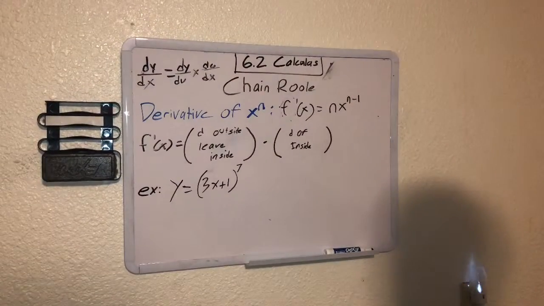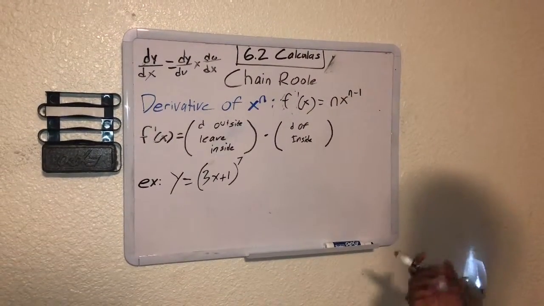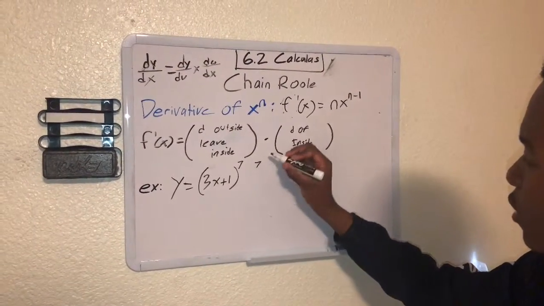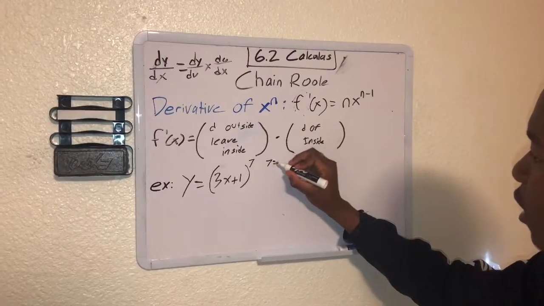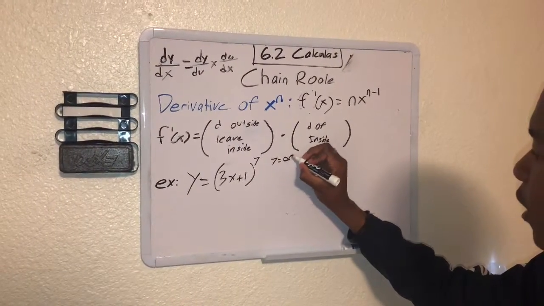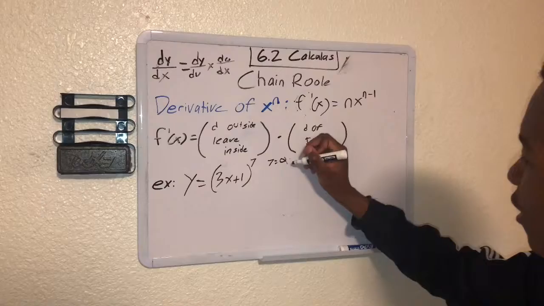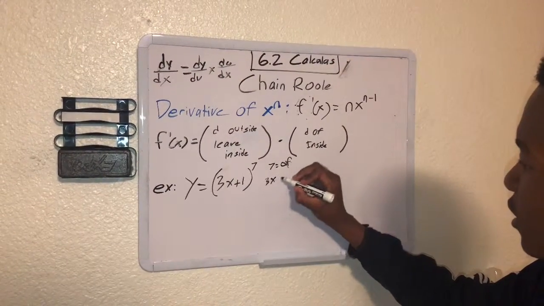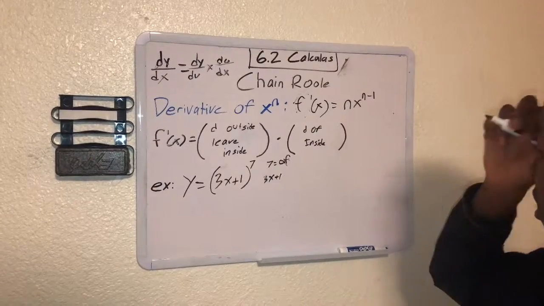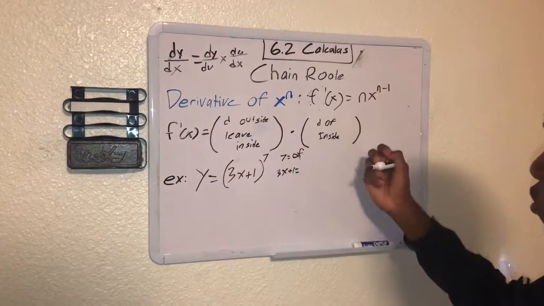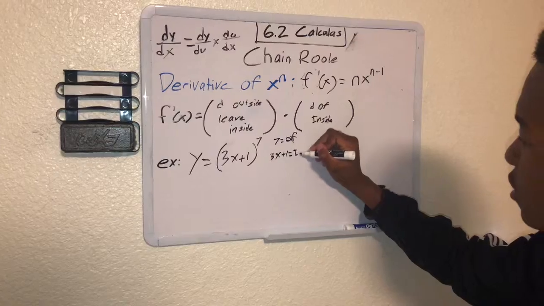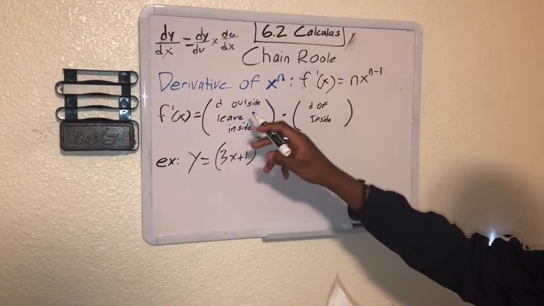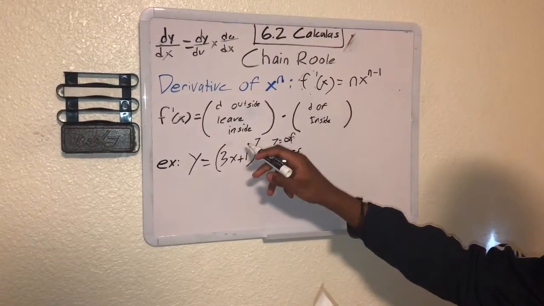What's always good to do is to notate which is your inside and which is your outside. So we'll say OF for outside function, and 3x plus 1 is equal to the inside function, IF.